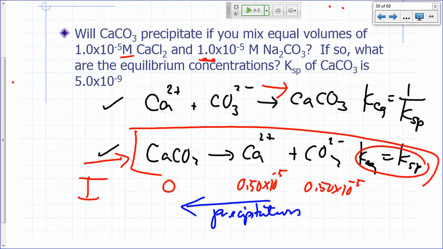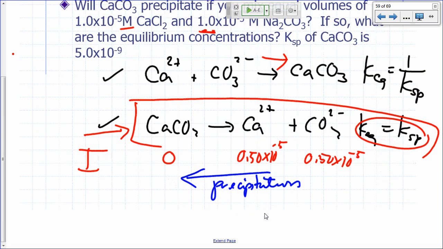And when will the reverse reaction occur? When you compare Q and KEQ, when Q is greater than KEQ, it goes to the left. Remember from your earlier lesson. So all we have to do is calculate Q in this case.